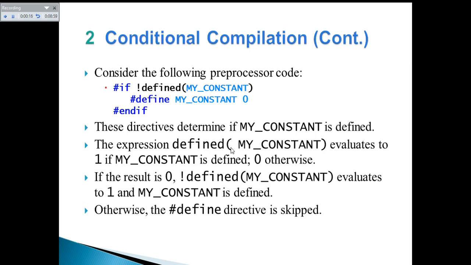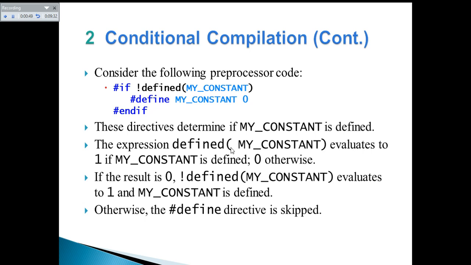These conditional preprocessor statements check: if MY_CONSTANT is not defined, then you are going to define MY_CONSTANT. So in this if statement, what verification is being done? If MY_CONSTANT is not defined, then it will be defined with the help of #define, and it is assigned a value of 0.